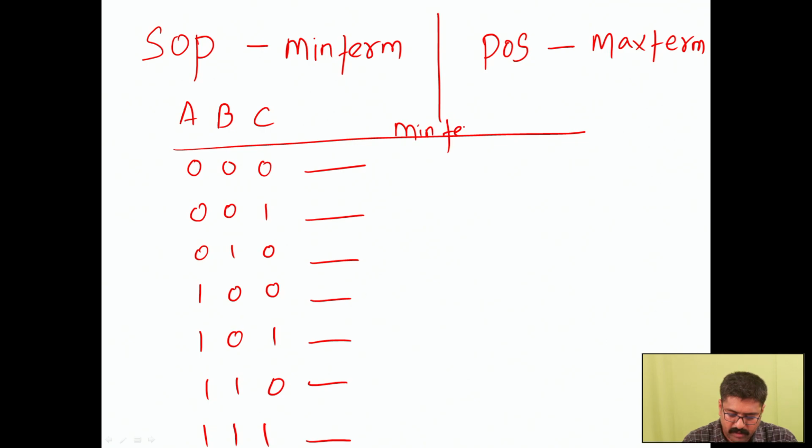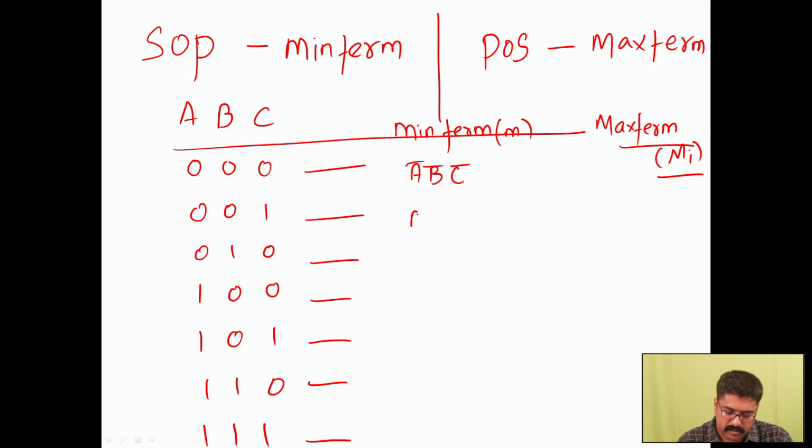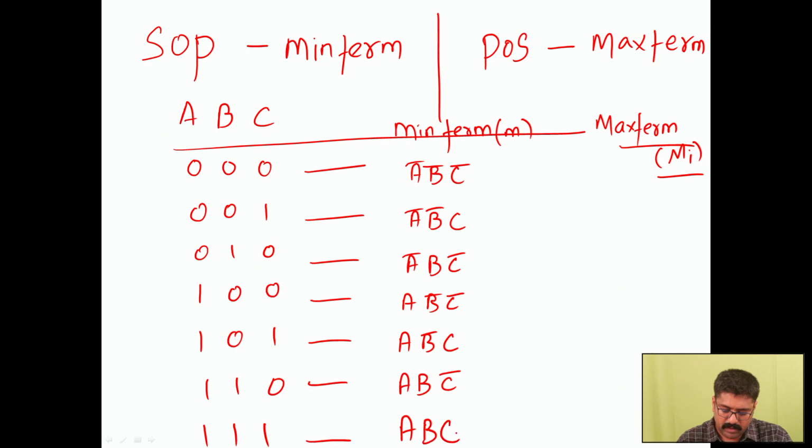Let us have min term denoted by small m, and max term denoted by capital M. So this is A bar B bar C bar, A bar B bar C, A bar B C bar, A bar B C, A B bar C bar, A B bar C, A B C bar, A B C.